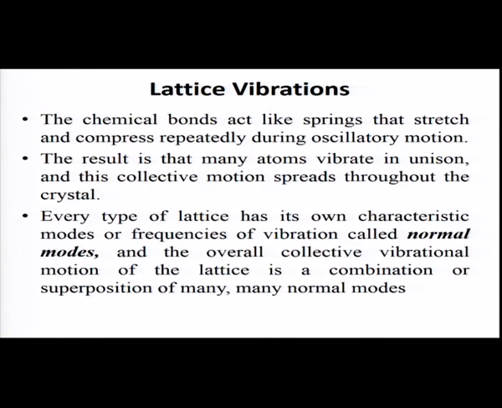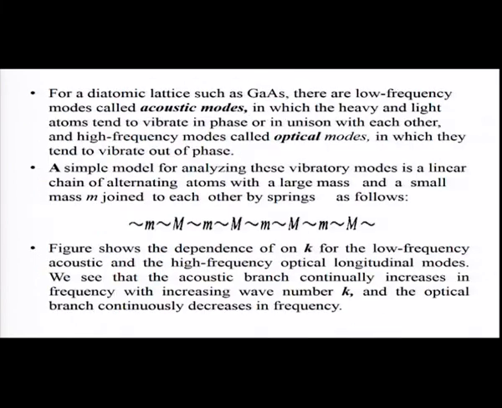The chemical bonds act like springs that stretch and compress repeatedly during oscillatory motion. Many atoms will vibrate, and this vibration spreads throughout the crystal. Every type of lattice has its own characteristic frequencies of vibration called normal modes, and the overall collective vibration of the lattice is a superposition of many normal modes.